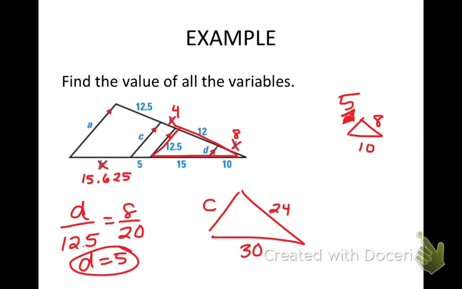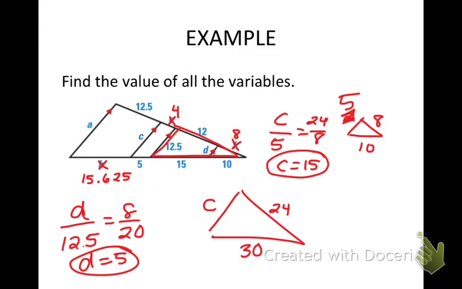C over 12.5. I would use this one because it's smaller numbers. Yeah, you could do that, but it would get you the same answer. So I could do C over 5 is equal to what? 8 over 24. If I'm doing C over 5, then I should do 24 over 8, right? So 24 times 5 divided by 8 gets me C is equal to 15.